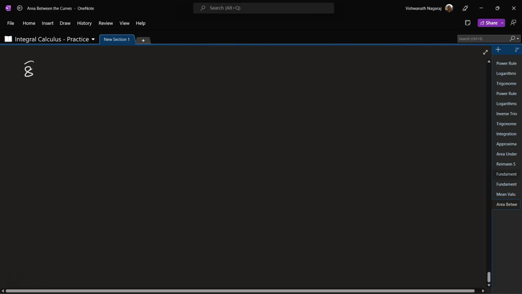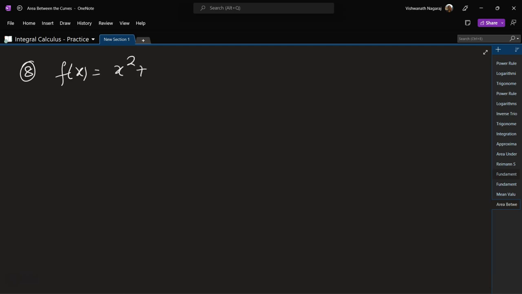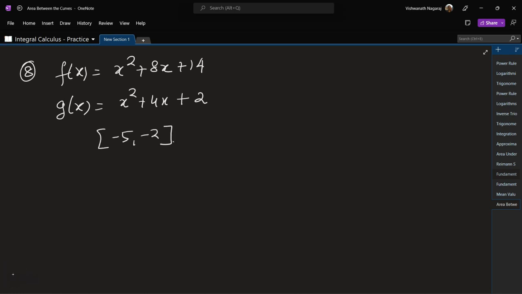Let's do the 8th one. f of x is equal to x square plus 8x plus 14, and g of x is equal to x square plus 4x plus 2 in the interval minus 5 to minus 2. So first thing we need to figure out is the intersections.